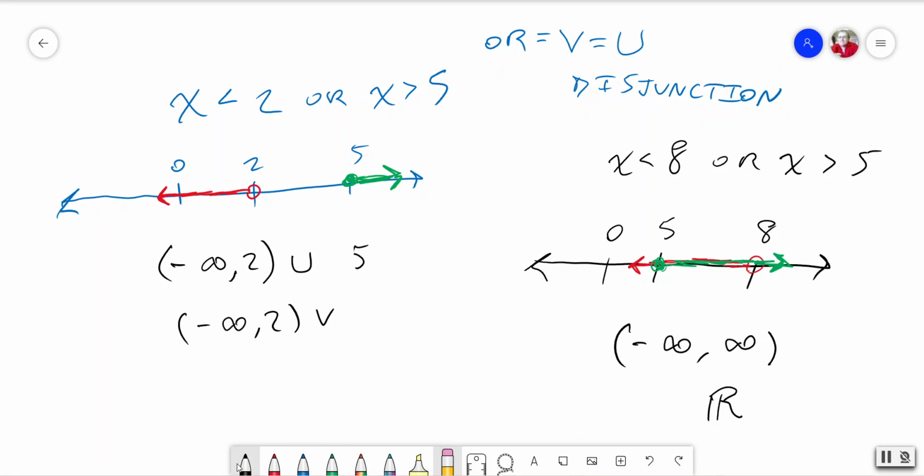Strong disjunction means that there's no overlap at all. They have nothing in common. You got this red stuff over here, you got this green stuff over here. They don't interact. You're just in one or the other area.